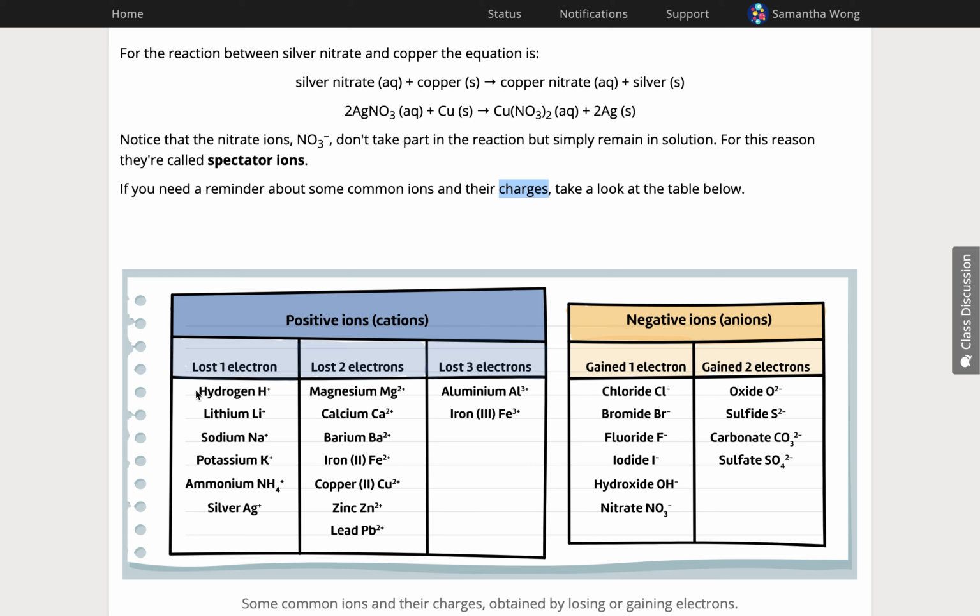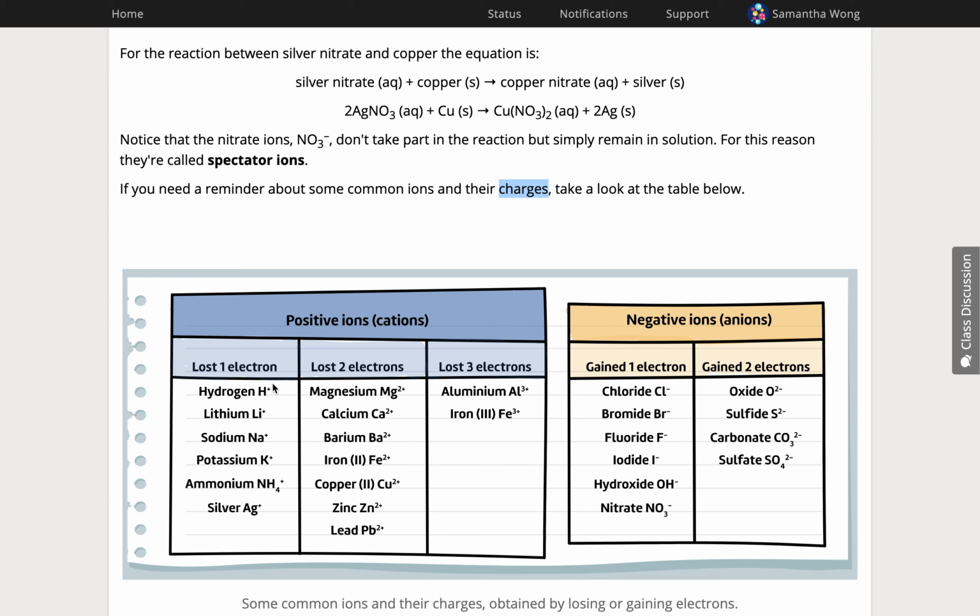For example, hydrogen. A hydrogen ion has the charge of H+1. What that +1 means is that it's lost one electron, and because electrons are negatively charged, if you've lost one, you have more positive subatomic particles, so you've got more protons than you do electrons.